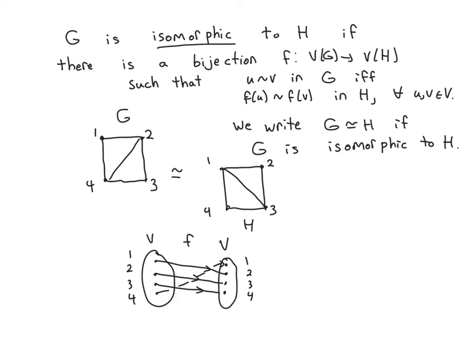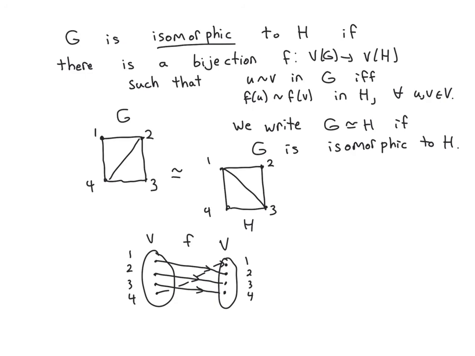So these two graphs, this is G and this is H, they are isomorphic, and here's an example of the isomorphism. You send 1 to 2, 2 to 3, 3 to 4, and 4 back to 1.